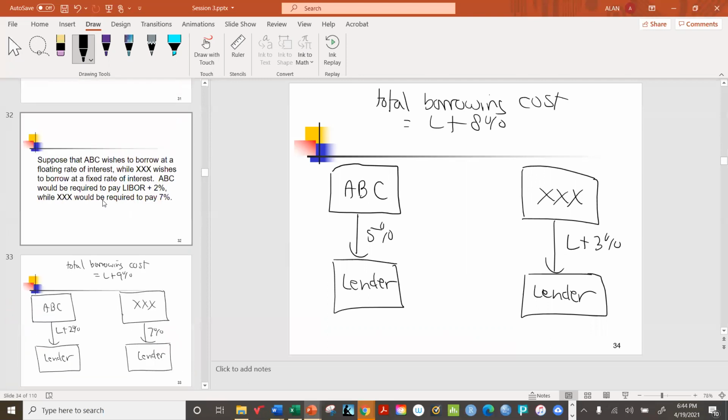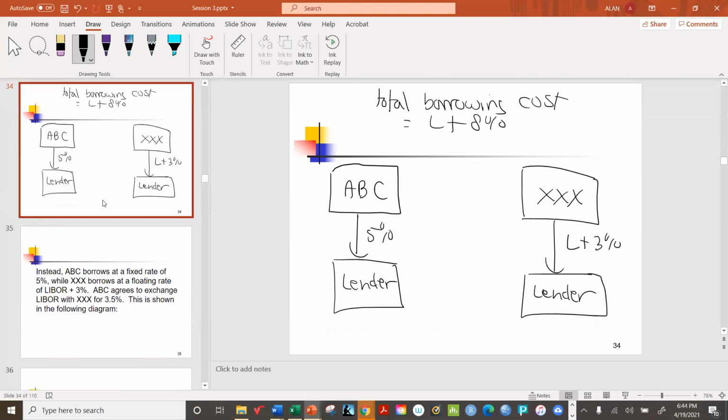Well, here's what they can do. Let's say that ABC agrees to pay LIBOR to XXX, and in exchange, XXX pays them 3.5%.